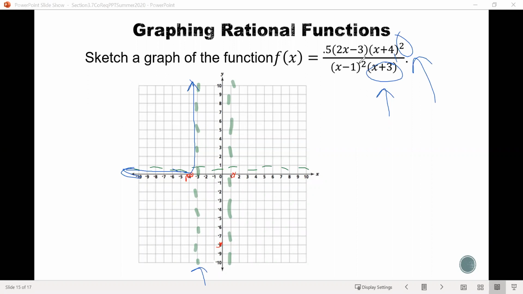And we know from what we were just looking at, when it is raised to an odd power like that, that means the tails on each side must go in opposite directions. So because the one on the left there is going up, on the right here our tail has to go down, which means from our vertical intercept there, the tail needs to come down and run along the vertical asymptote. Okay, doing something like this.